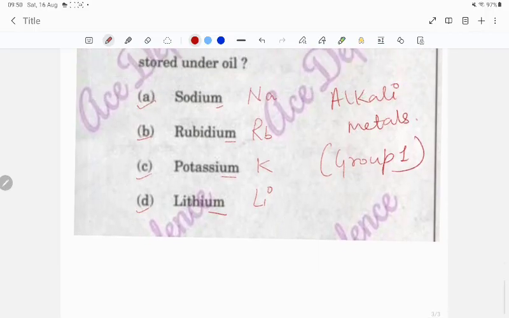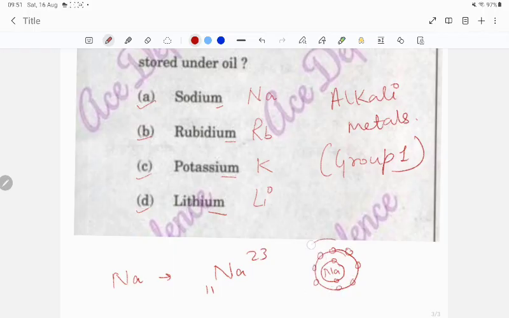If I talk about, for example, Na: 23 is the mass number, 11 is the atomic number. So 2 in the first shell, 8 in the second, and in the last one only 1.